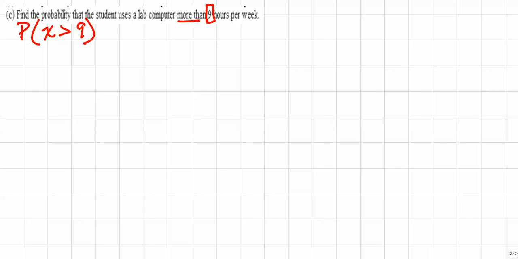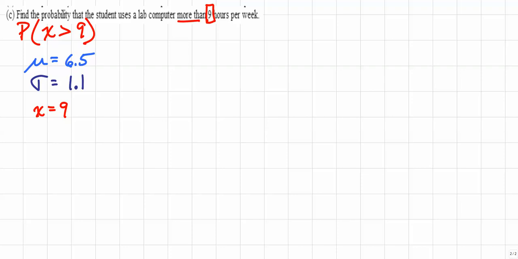Now, reiterating that the mean is equal to 6.5 hours, and that the standard deviation is equal to 1.1 hours, and we're using an X that is equal to 9.